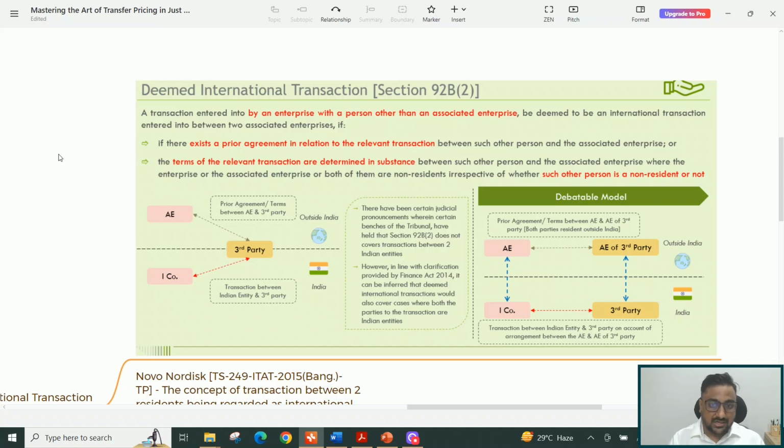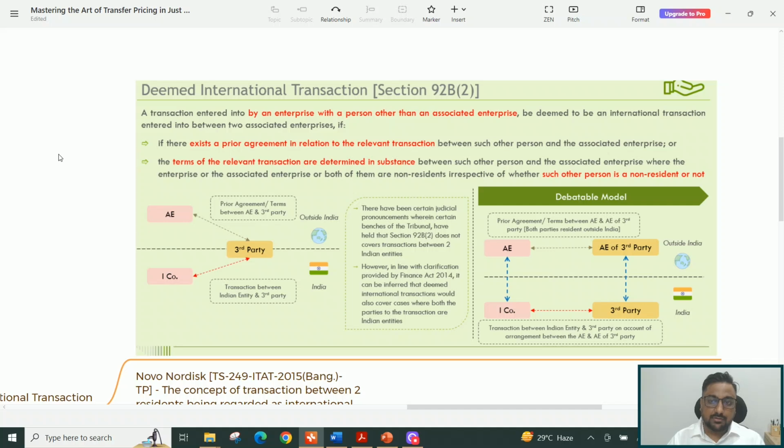Now let me just read the entire 92B2 and what it says. A transaction entered into by an enterprise with a person other than an associated enterprise shall be deemed to be an international transaction. So a transaction is happening between two unrelated parties, right? Two non-associated enterprises, let me put it that way.